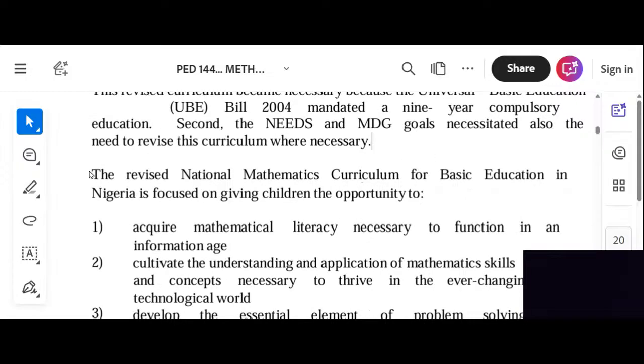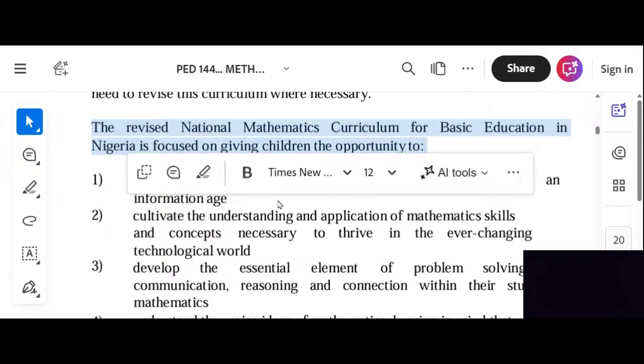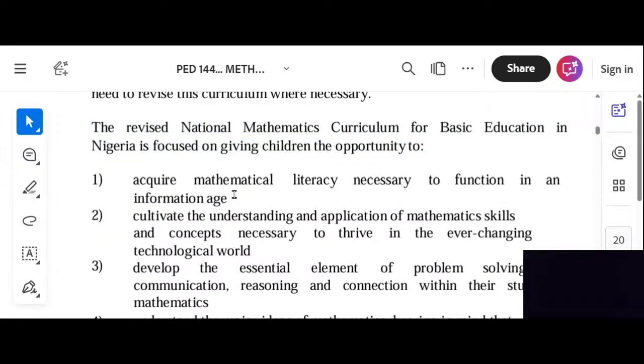Now, the revised national mathematics curriculum for basic education in Nigeria is focused on giving children the opportunity to do the following. First, children should be able to acquire mathematical literacy necessary to function in an information age.